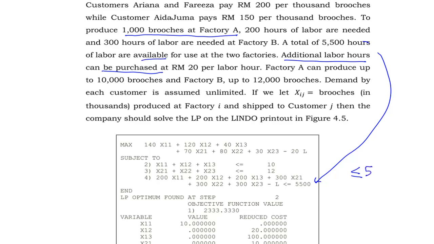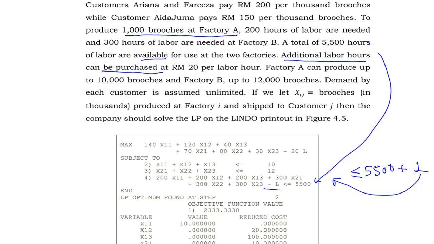So 5,500 hours, and then because there is an option for you to add labor hours, so plus L. Okay, but because L is also a decision variable, therefore we need to move it to the left hand side.